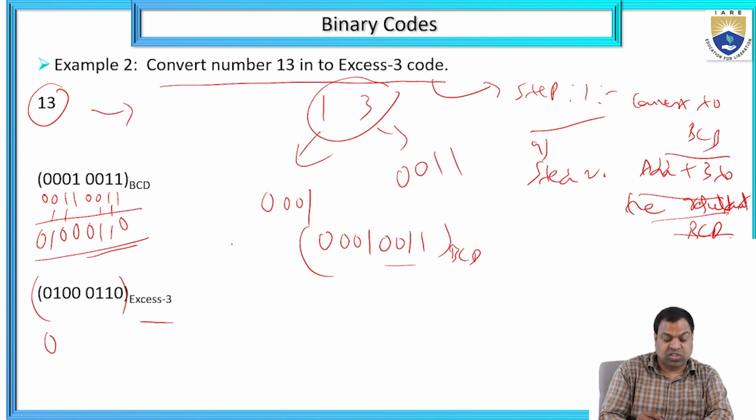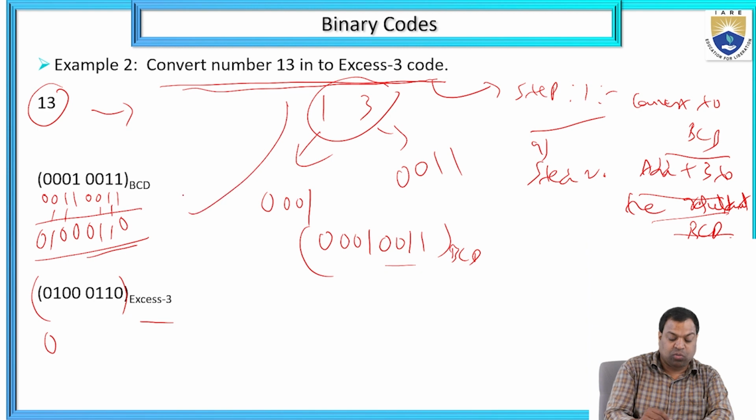It is the XS3 code. So we converted the number 13 to XS3 code: first convert to BCD, after that convert to XS3.